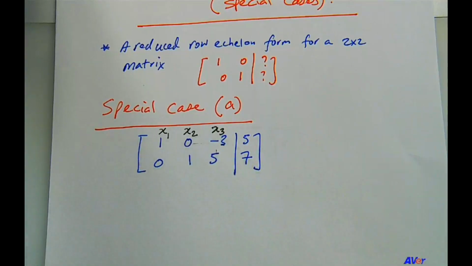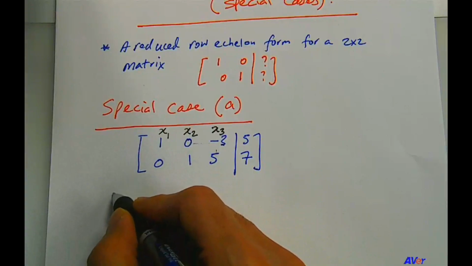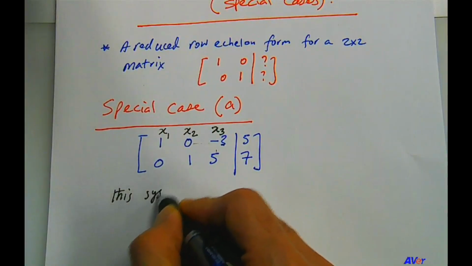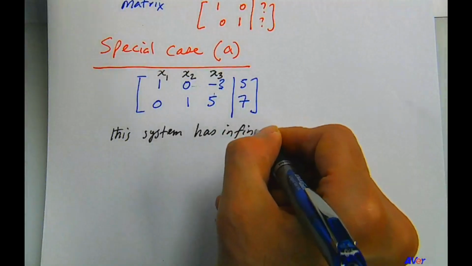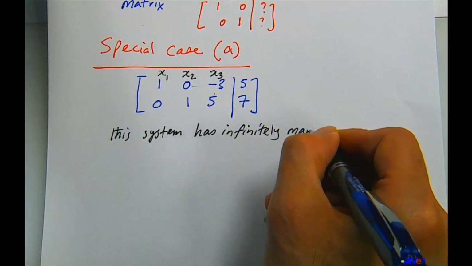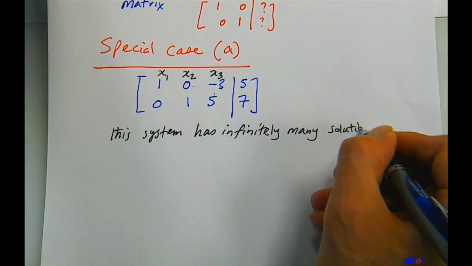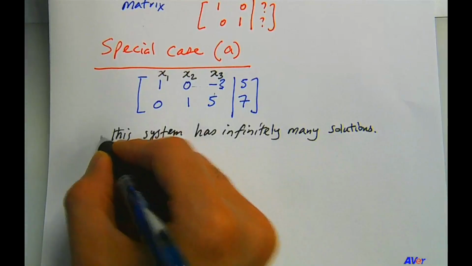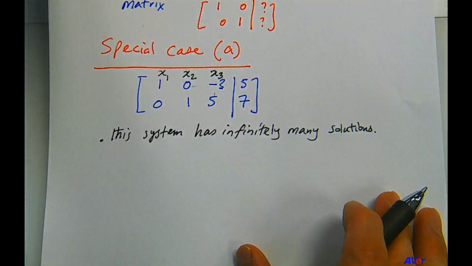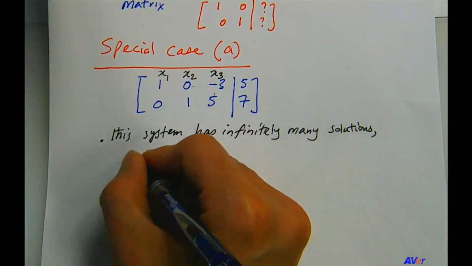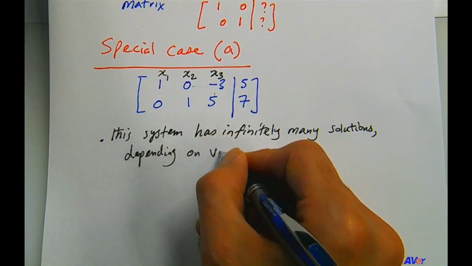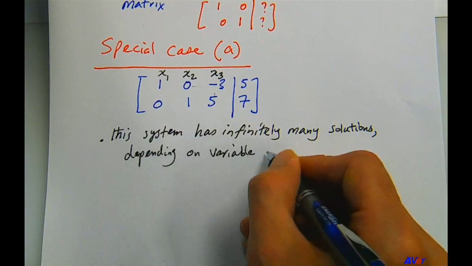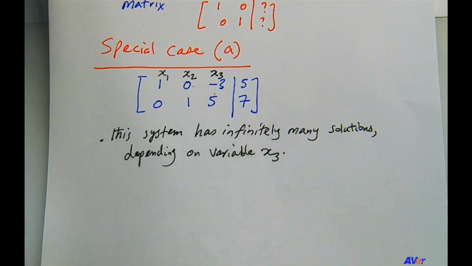Well, whenever you have this type of special case, it has infinitely many solutions, depending on variable x3. So let's see what this means.